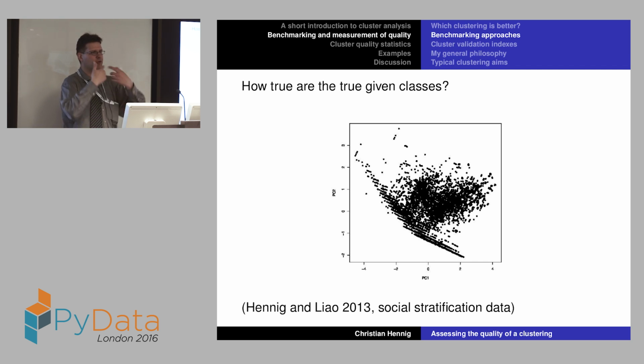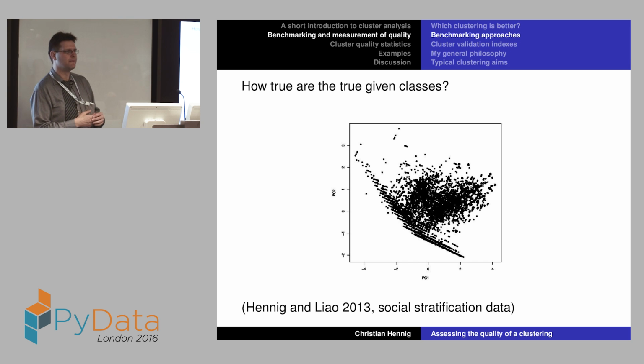Then you can put a weight in there that makes sure that this has the same contribution to the variation as a continuous variable. There are a number of detailed discussions on this in this paper. I think if you Google Hennig and Liao 2013, you may find that.